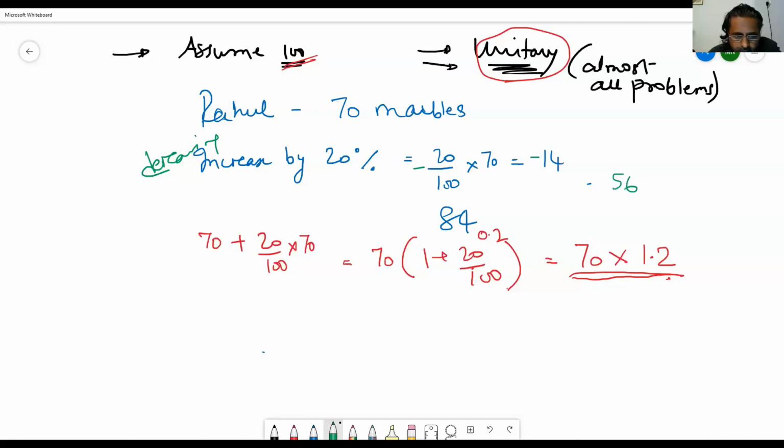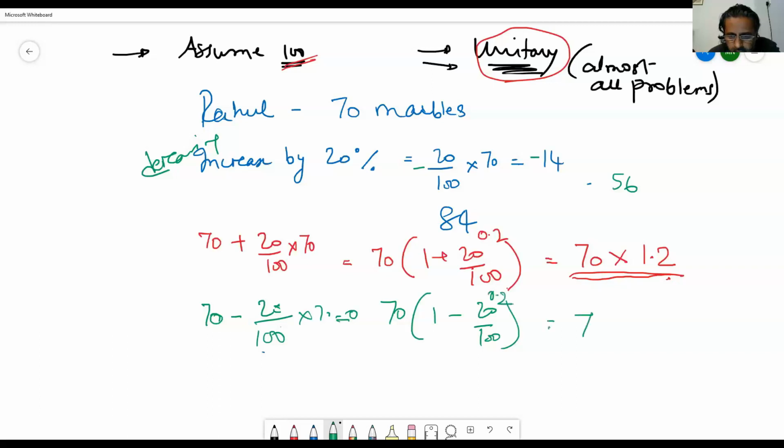Here, how do you do it? 70 into 1 minus 20 by 100, which is 0.2. This becomes 70 into 0.8, which you get as 56.